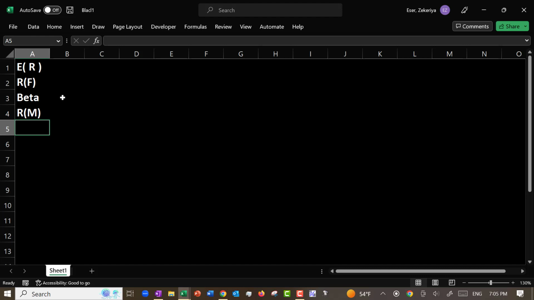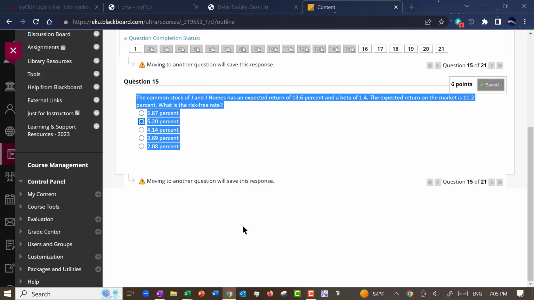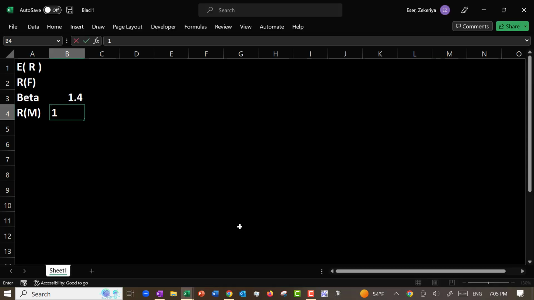So I know beta is 1.4, and expected return on the market is 11.2. I'm going to arbitrarily enter a number for risk-free rate.